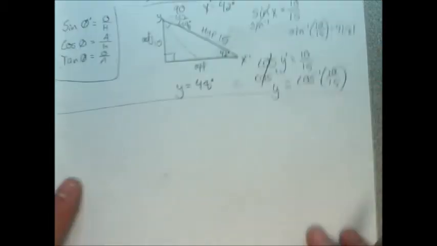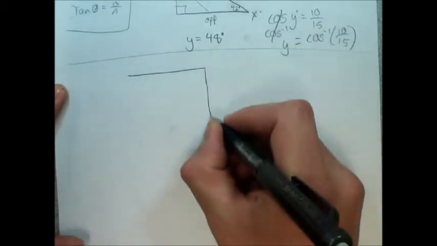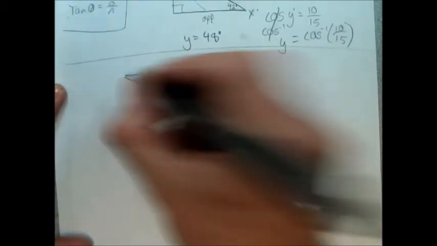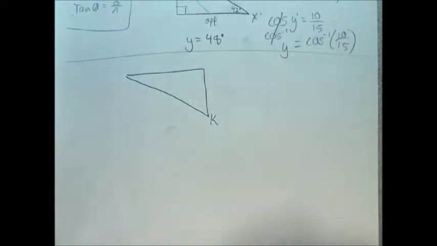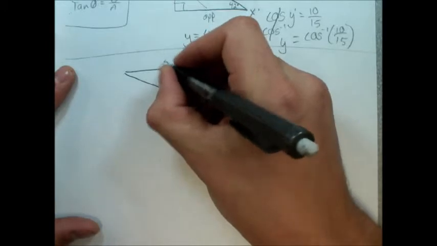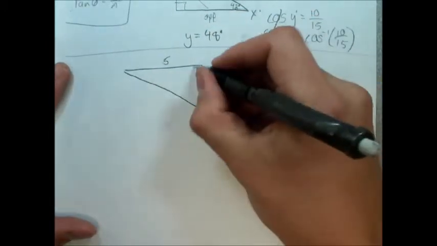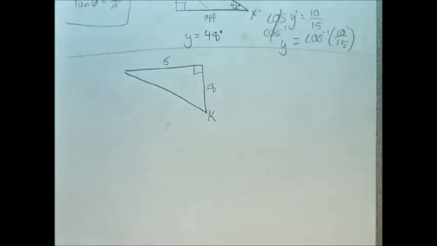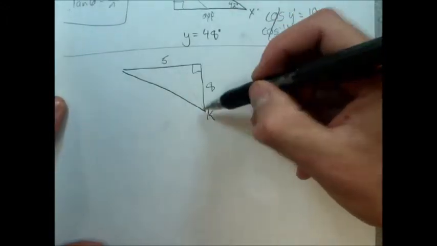Okay. So let's do another example. I'm going to draw this one upside down. I'm going to call this angle K. Over here, I am going to have 5. Over here, I will have 8. Of course, this is a right triangle, otherwise I wouldn't be able to do anything with it. So, what is the 5 in relationship to K?